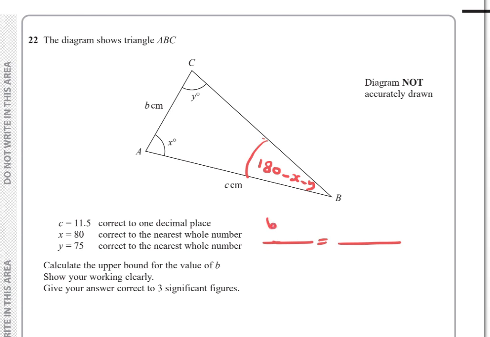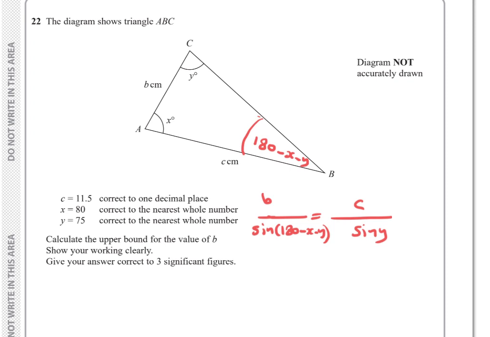So b over sine of (180 minus x minus y) equals c over sine y. So b equals c sine of (180 minus x minus y) over sine y.